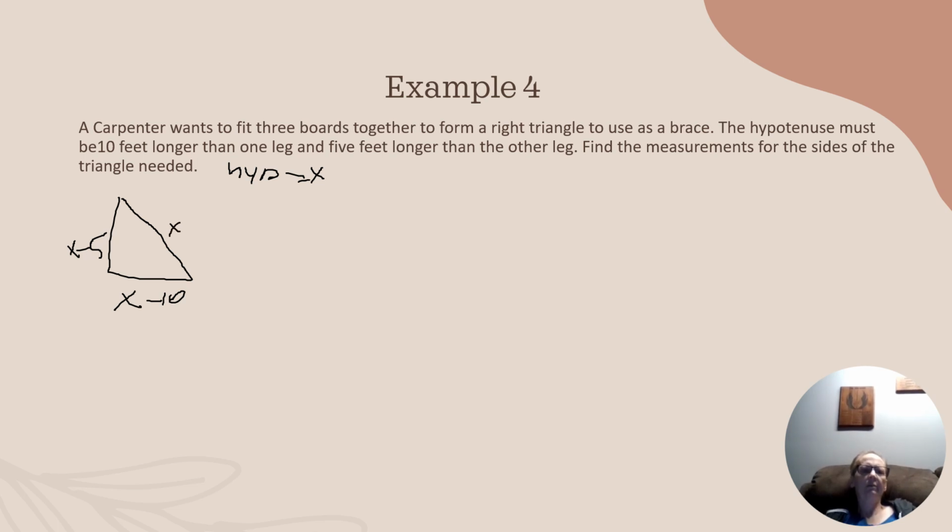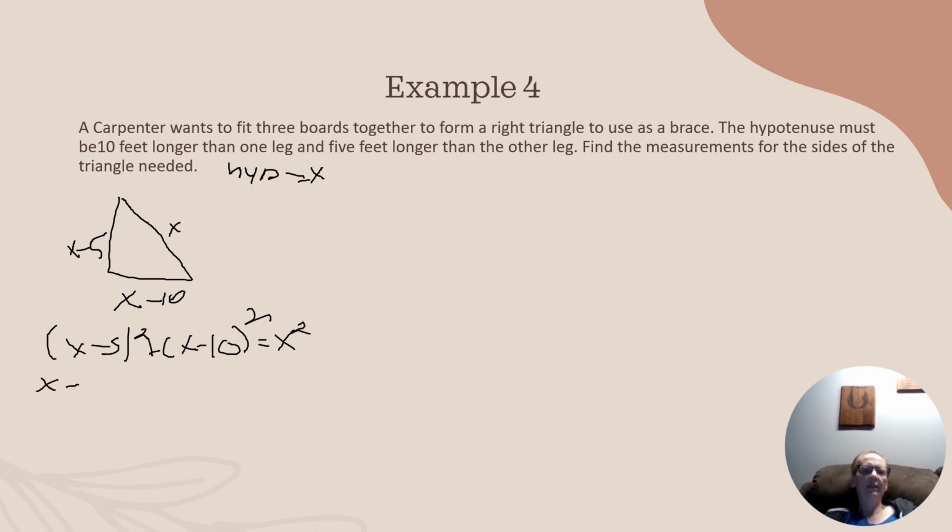So now I need to use the Pythagorean theorem that says leg squared plus leg squared equals hypotenuse squared. So we'll simplify that out. These are both perfect squares, so I'm just going to use the formula.